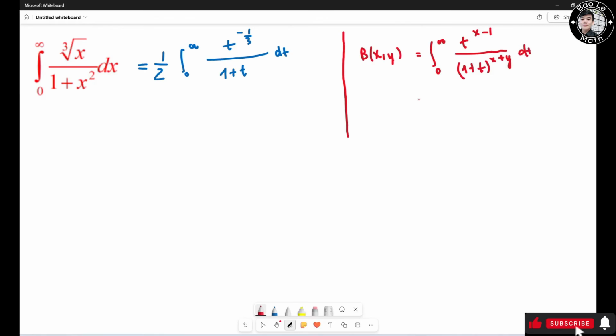It's gonna be gamma of s gamma of y over gamma of s plus y.